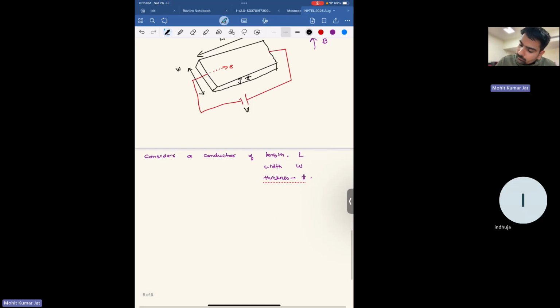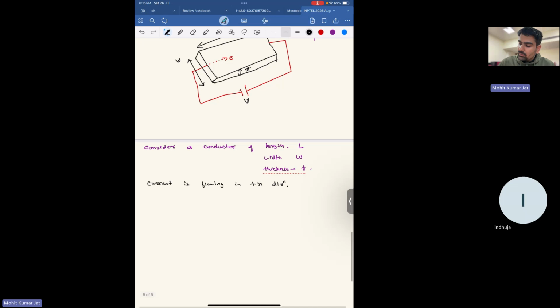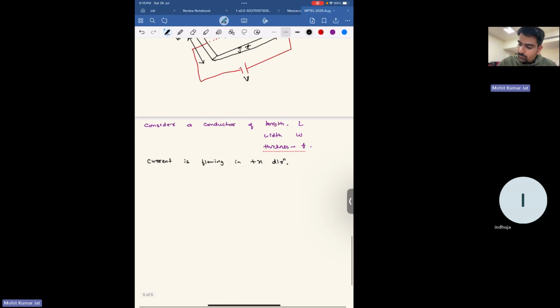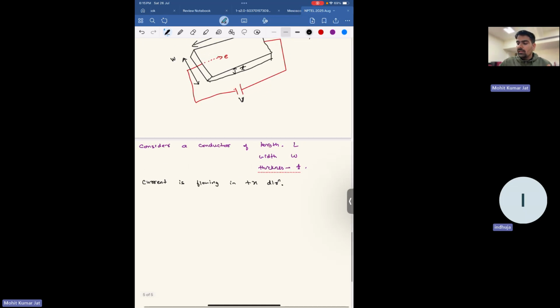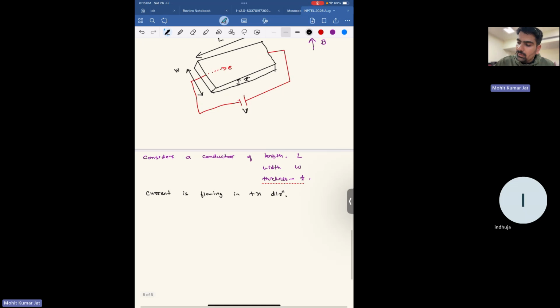So current is flowing in the plus X direction. Remember, current and electron have opposite directions. So the electron will flow in the negative X direction. The force on the electron, because of this magnetic field, will make it curl.